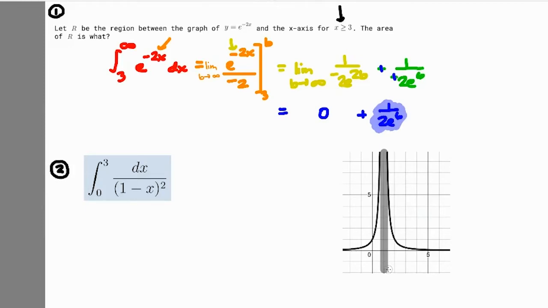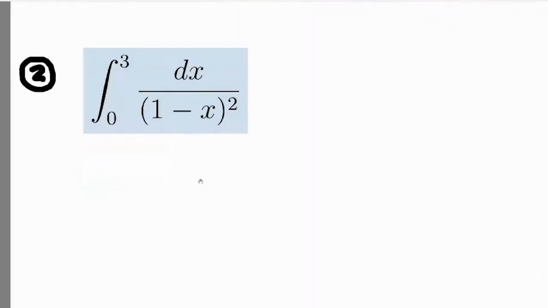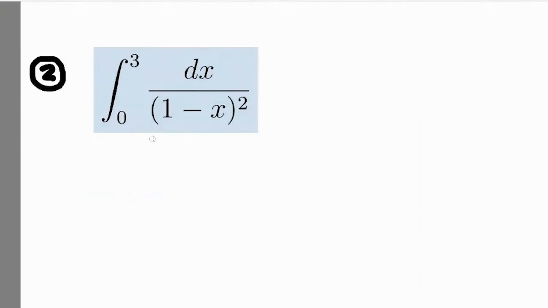So what we have to do, and this is going to involve a little bit of limits here, is we are going to, here, let me zoom in. We have to break down this integral, and this is going to be equal to the limit as, let's just do b, b approaches 1 from the left, okay?